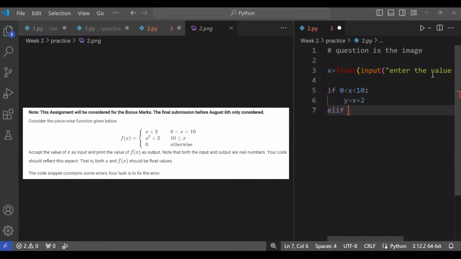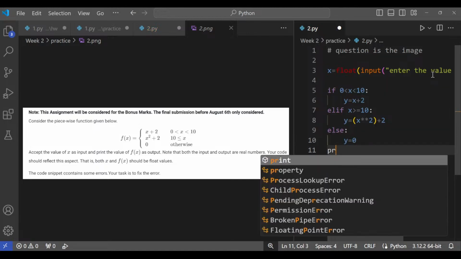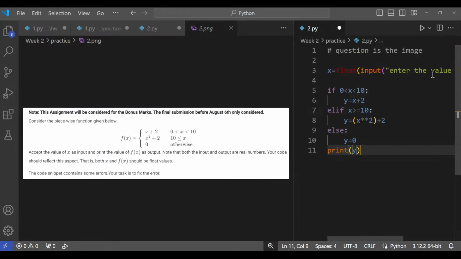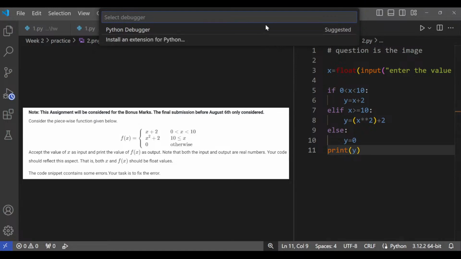Elif x is greater than or equal to 10, in that case y equals x squared plus 2. I'll put this in brackets. And then else, y equals 0. So print y. So this is what we have. Simple and easy.